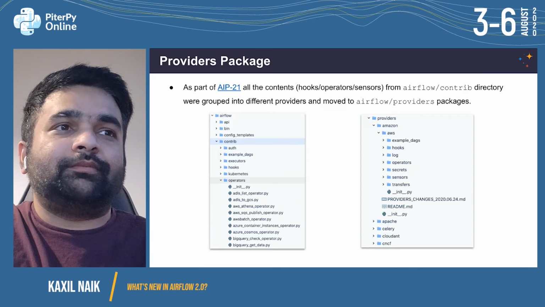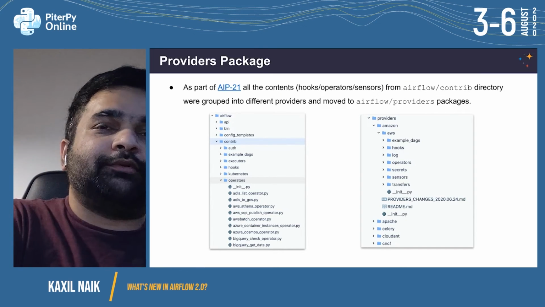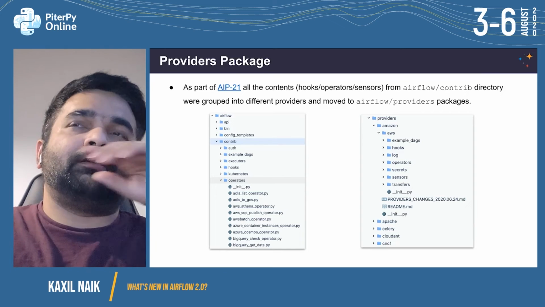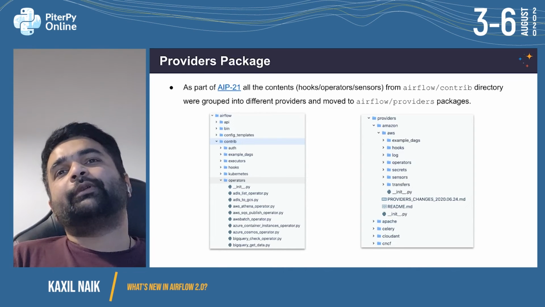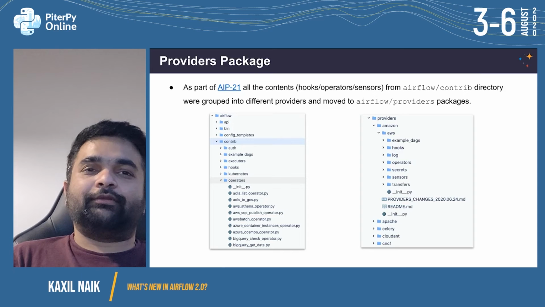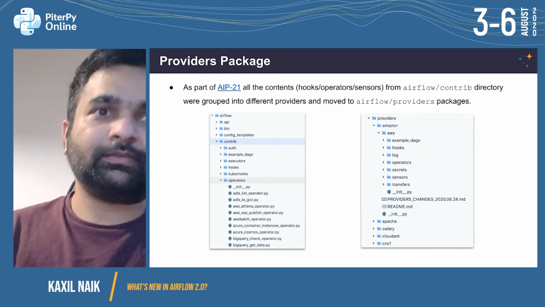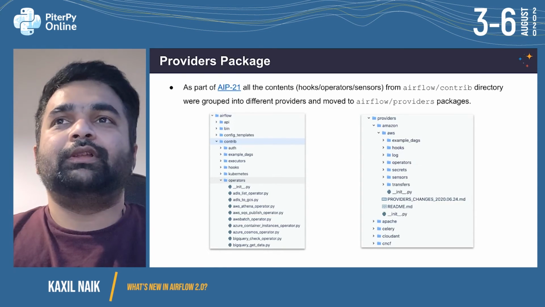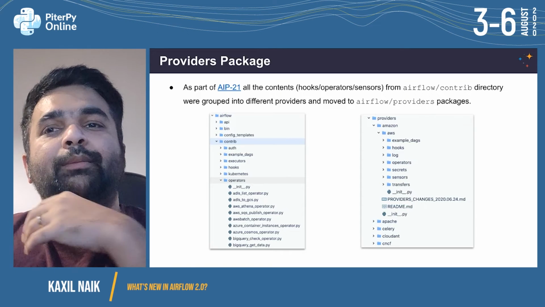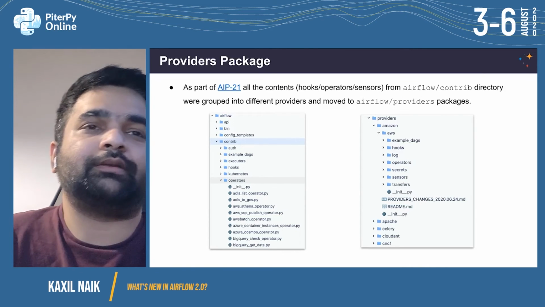Some might ask why Amazon and then AWS, or why Google and then cloud directories are separate? This was because Amazon has many services other than AWS, and Google has many other services other than cloud. So this would allow adding Google Marketing, Google AdSense, and something different in a different directory.